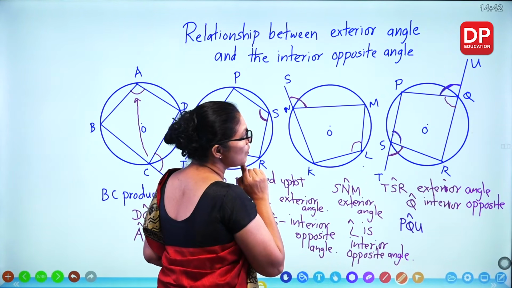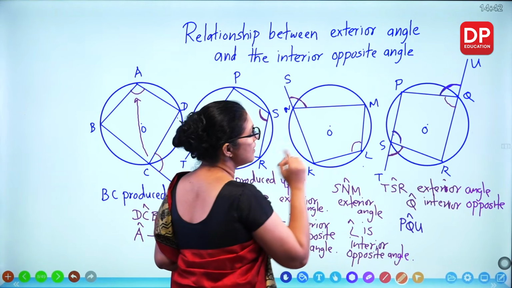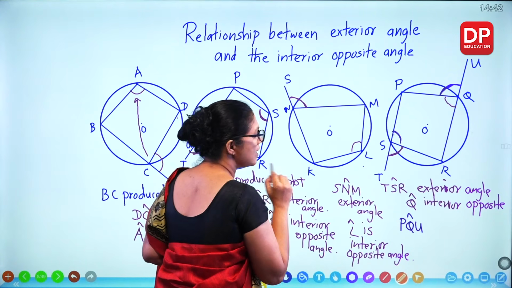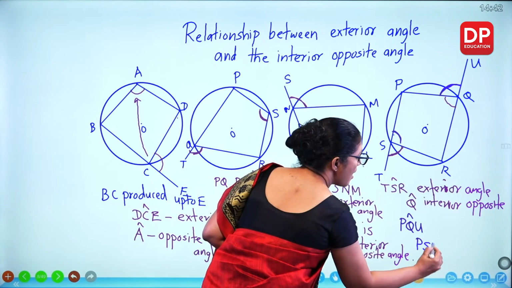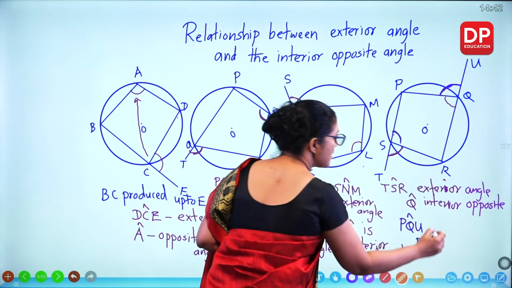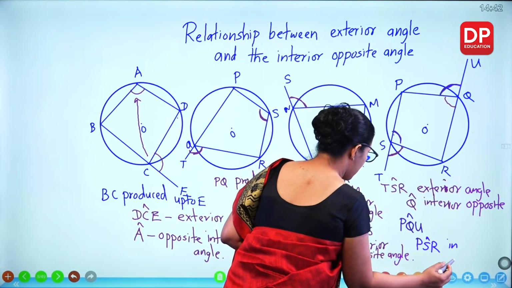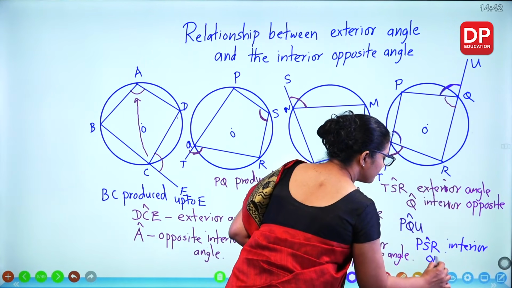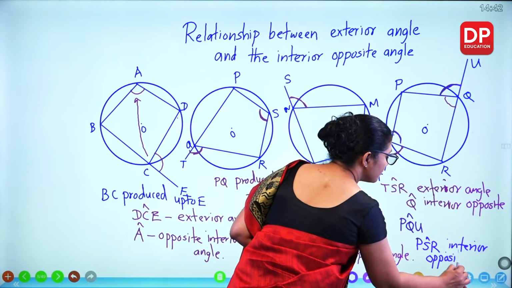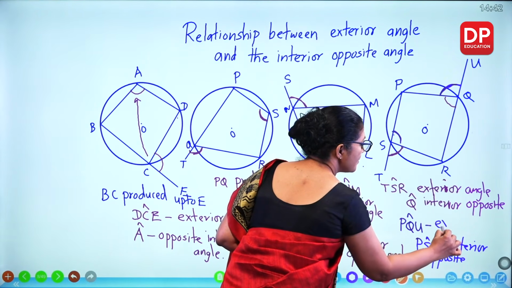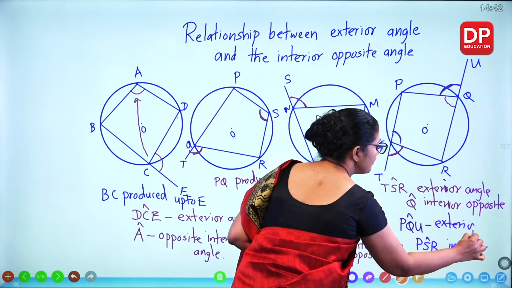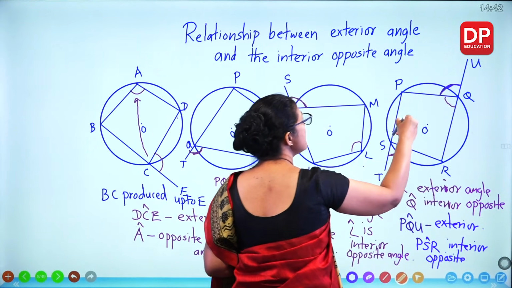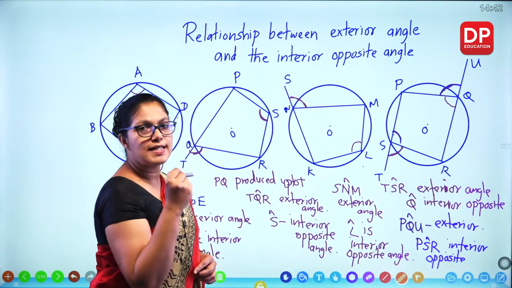Here we can't actually write S there, so we have to write it properly: PSR is the interior opposite angle. PQU is exterior, and then this becomes the interior opposite angle.